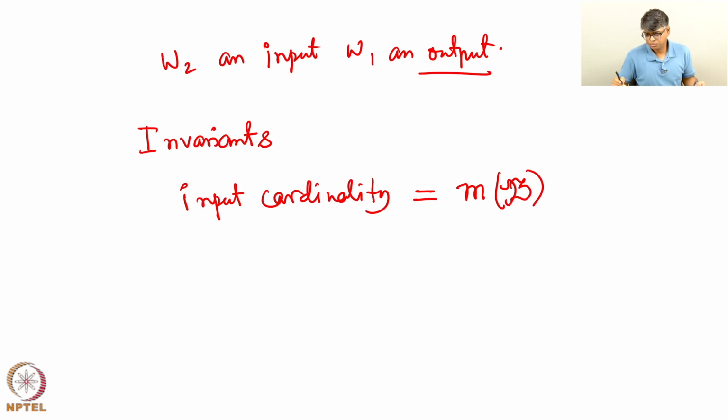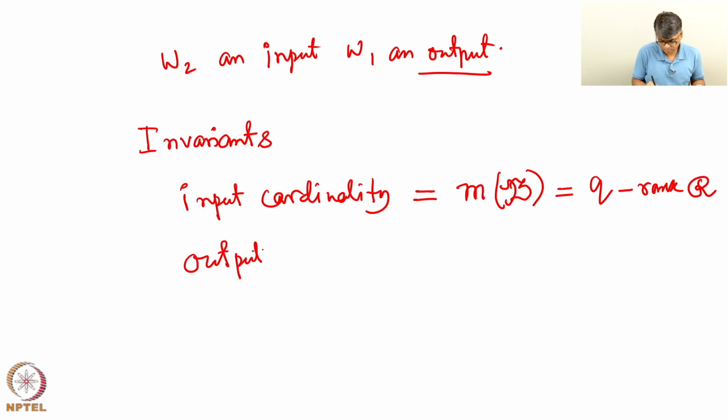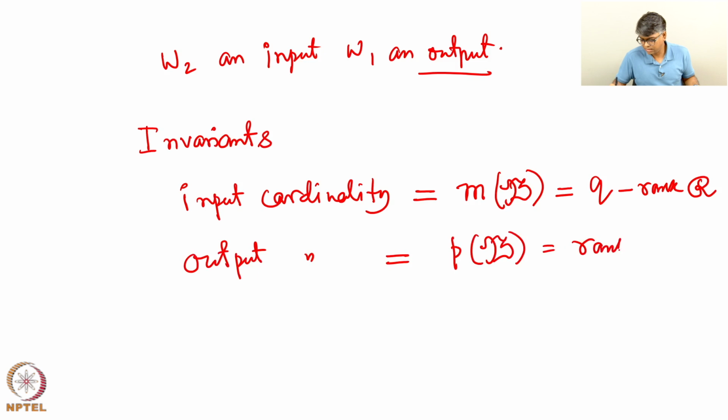This number is given by the number of variables in the system minus the rank of the row module. And output cardinality, denoted by p(B), will be equal to the rank of the submodule.